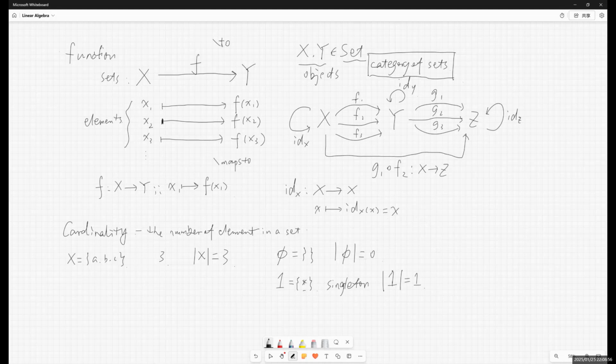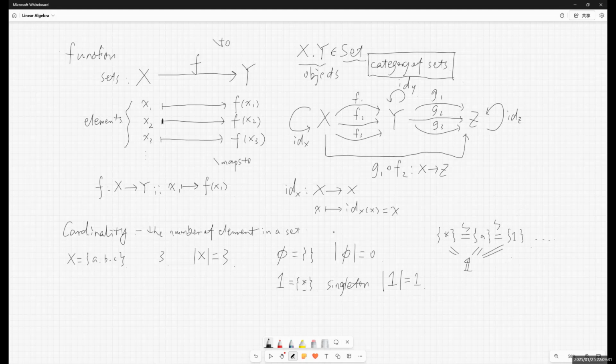So usually we do not distinguish between the different singletons that have different elements, like {A} or {1}, etc. They are equivalent, or they are equal. So usually we denote it using a 1. It could be any of them.